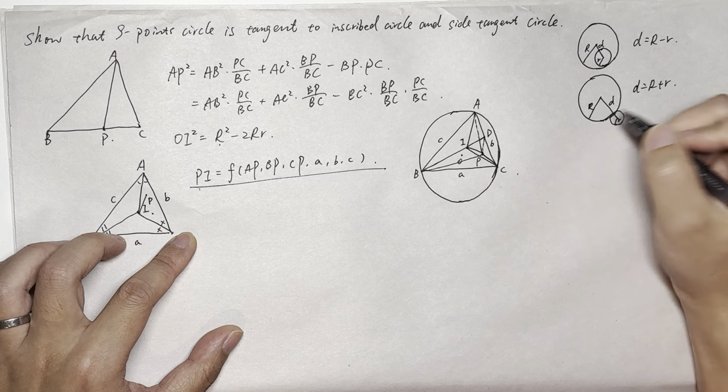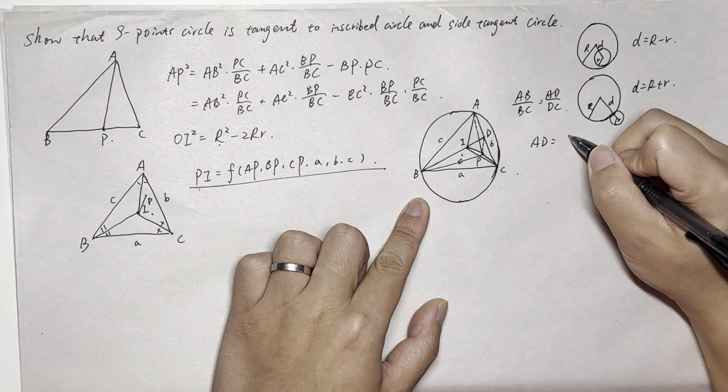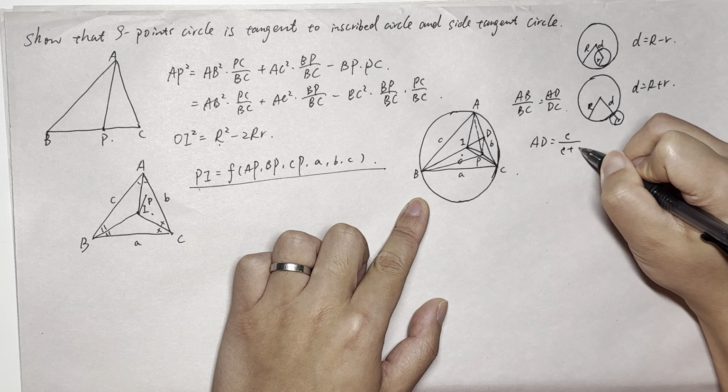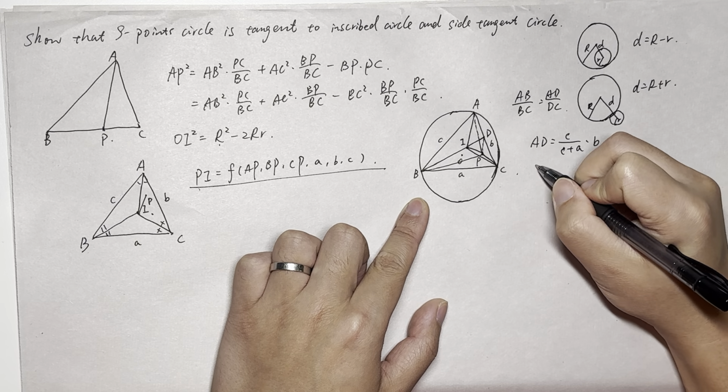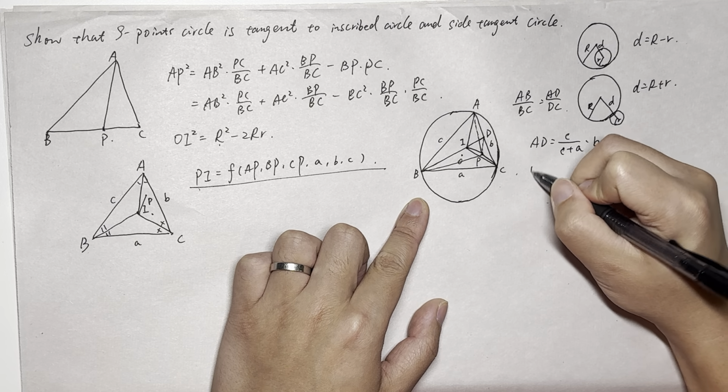So AD equals c to c plus a times b, right? And DC equals a to c plus a times b.